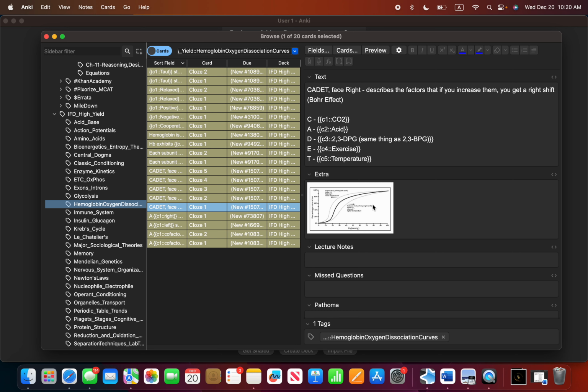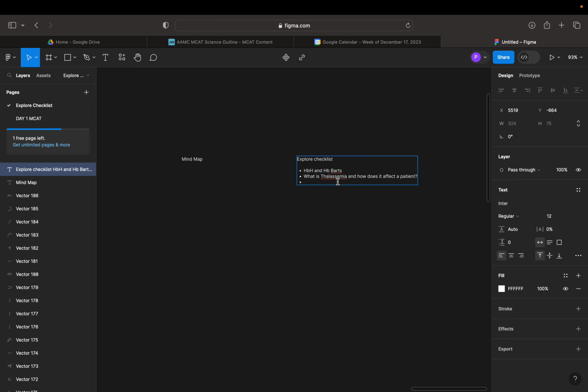So we can always ask our questions. This is all in the same topic, which is oxygen, hemoglobin, dissociation curve, and what is the Bohr effect.